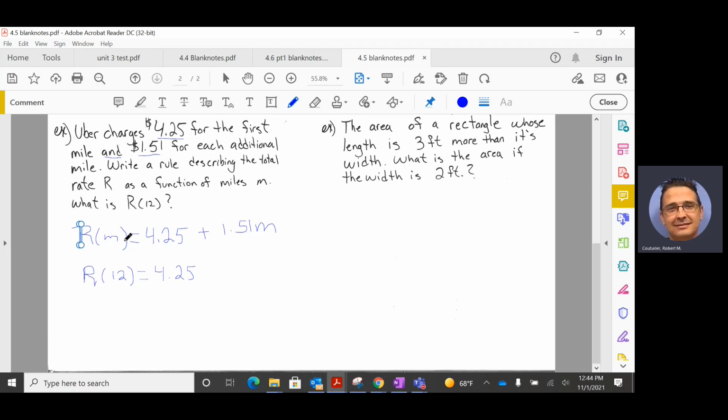We're going to substitute m for 12. We remove our m, and we plug in a 12. Now we start to do some math. So you have $1.51 times 12 miles. This gives us $18.